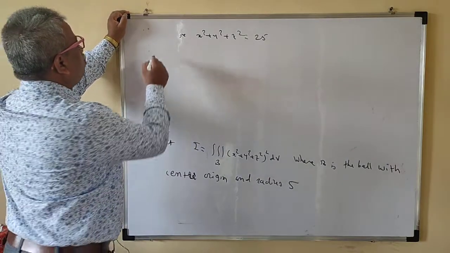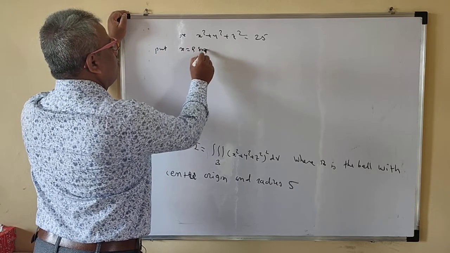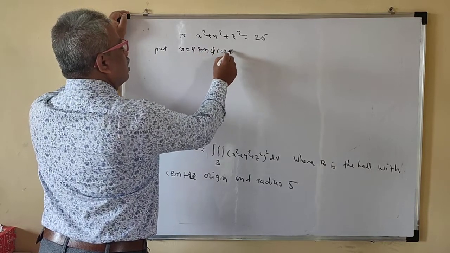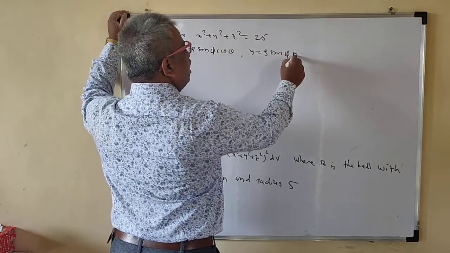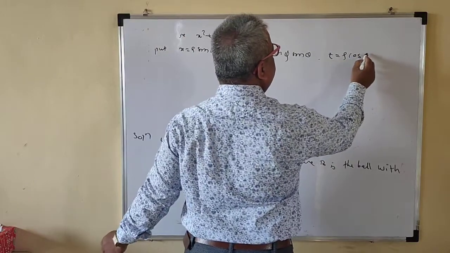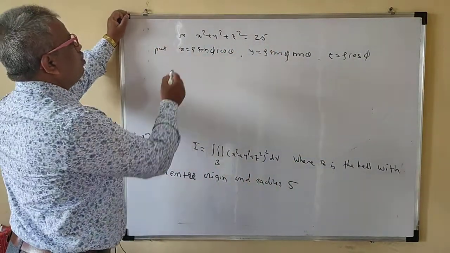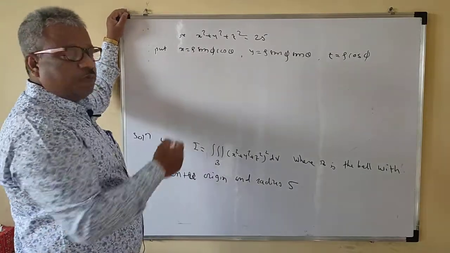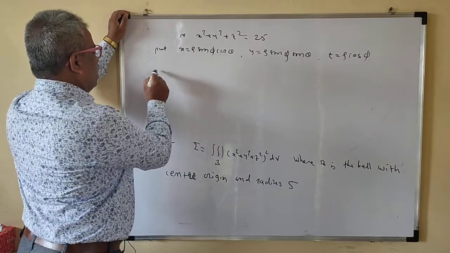Put x is equal to rho sin phi cos theta, y is equal to rho sin phi sin theta, z is equal to rho cos phi. Now here rho is the radius of the sphere, and this radius of the sphere is 5. So therefore let I be equal to this.